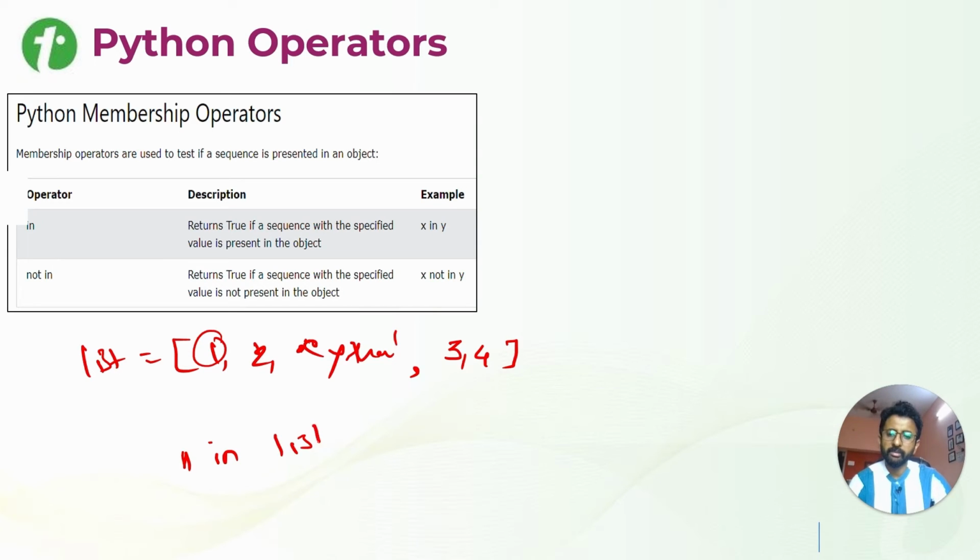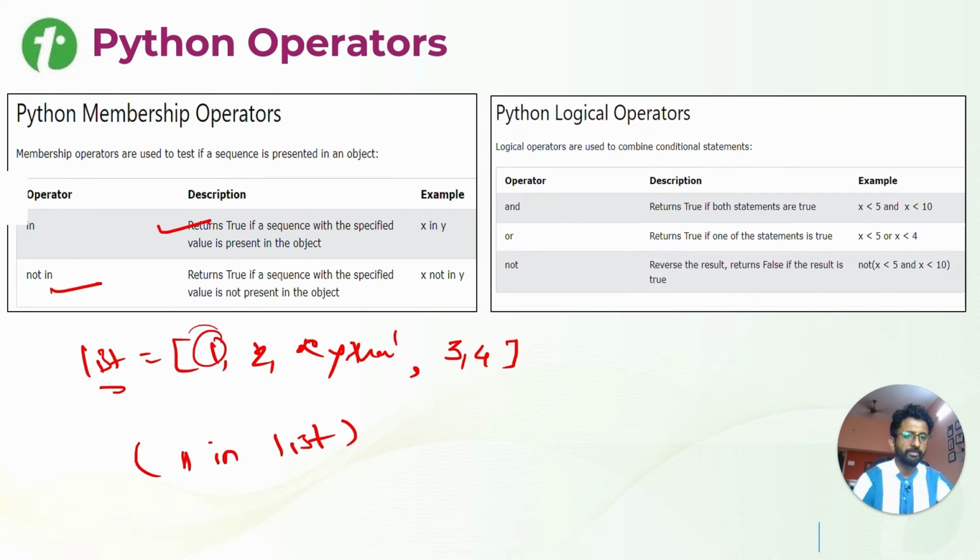But if you wanted to check whether one is in the list, that means whether this one value is present in this list or not, it will return true if the sequence with the specified value is present in that object. Similarly, not in operations. And logical operations mean and, or, not. So whenever you are doing comparison in a bitwise comparison.